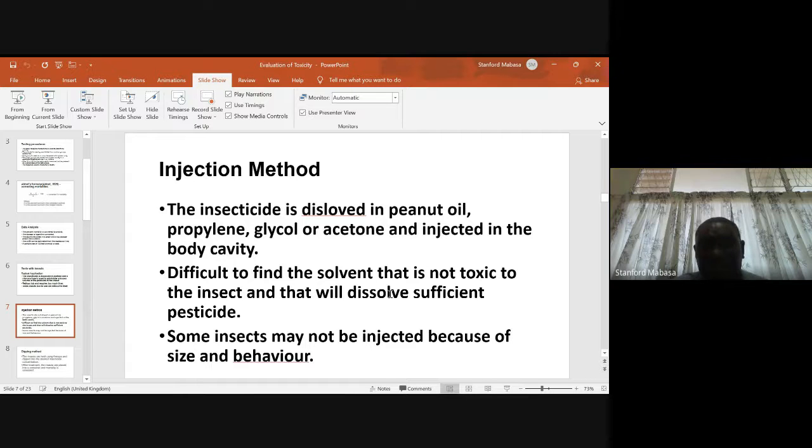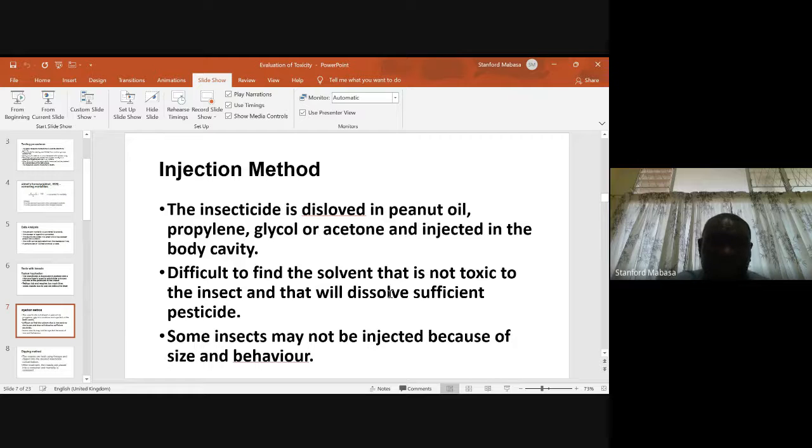It may be difficult to find a solvent that is not toxic to the insect. If you are using this method, sometimes acetone may kill the insect, not the pesticide, which you don't want.